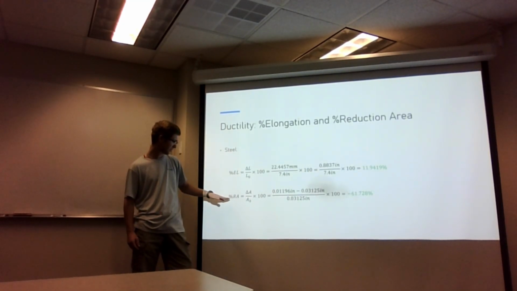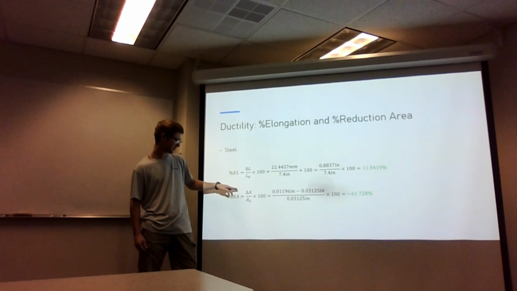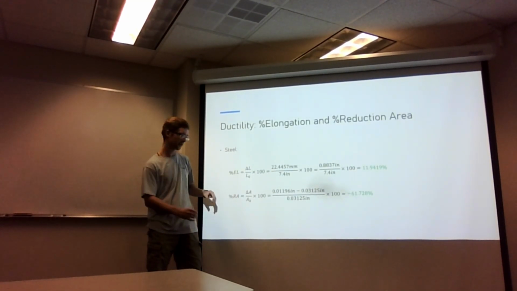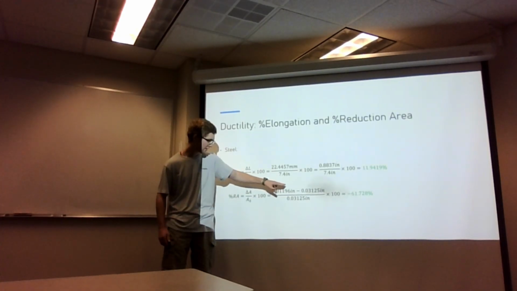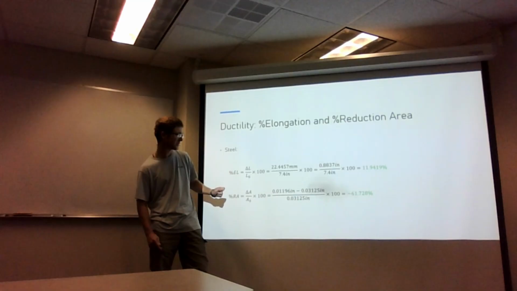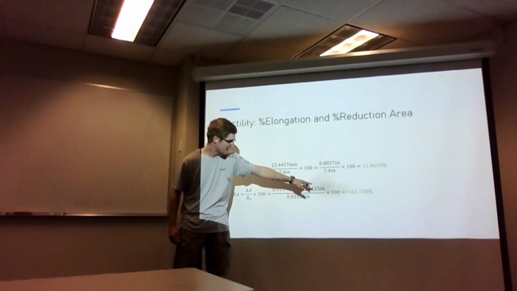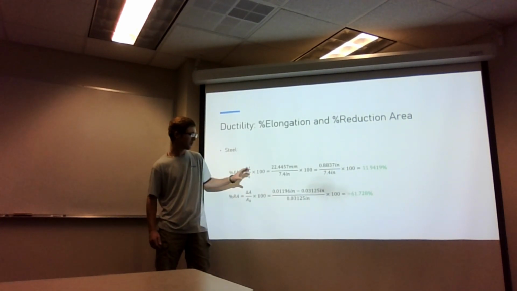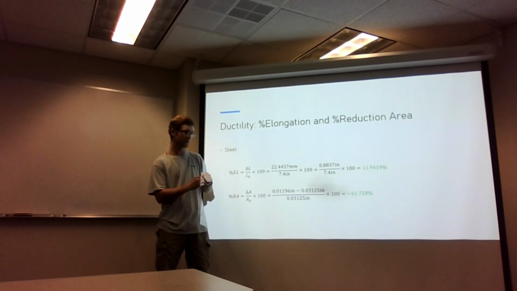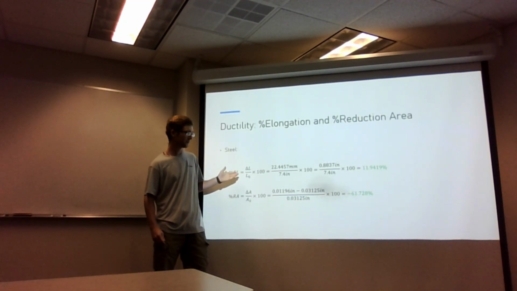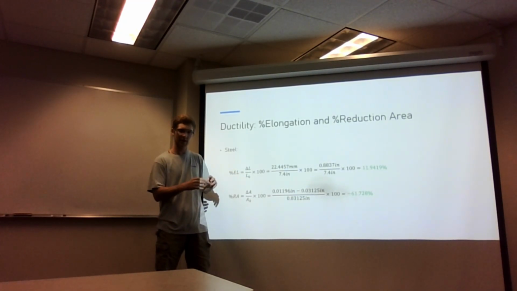And then for the percent reduction area, we took the change in the area over the original cross-sectional area, multiplied it by 100, and got negative 61.728%. So the steel was able to stretch a lot more and shrink more than the aluminum. So it's more plastic-like in a way.